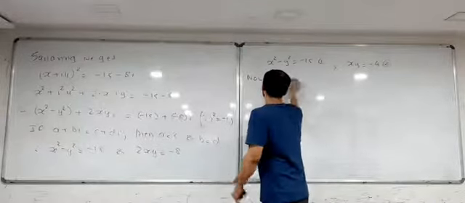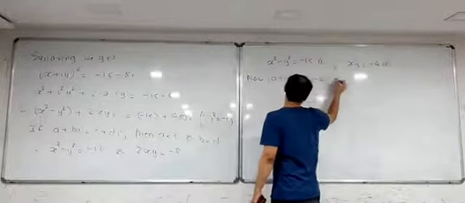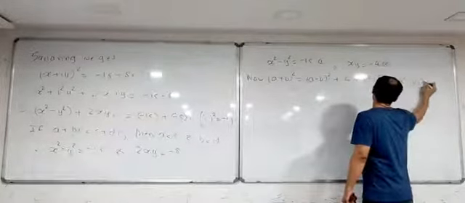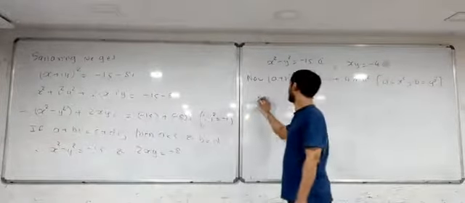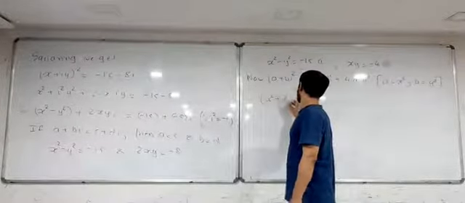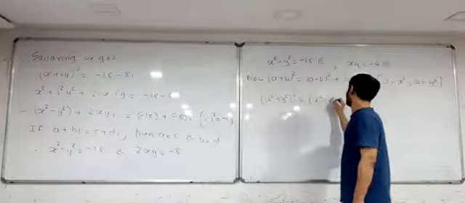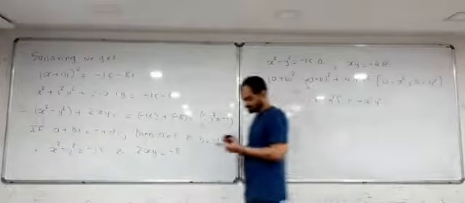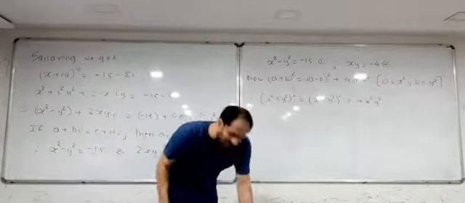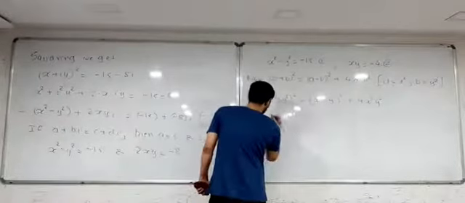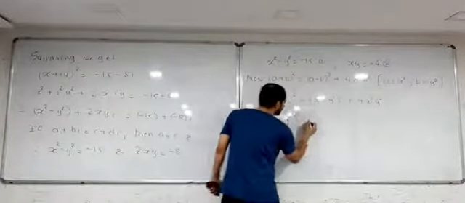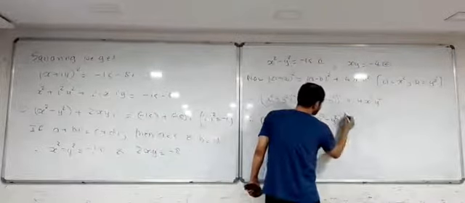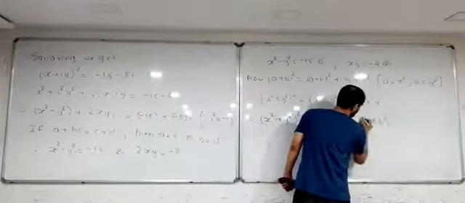(a plus b) the whole square is (a minus b) the whole square plus 4ab. In place of a put x square, in place of b put y square. So (x square plus y square) the whole square is (x square minus y square) the whole square plus 4x square y square. Or you can write it directly as (x square minus y square) the whole square plus (2xy) the whole square.